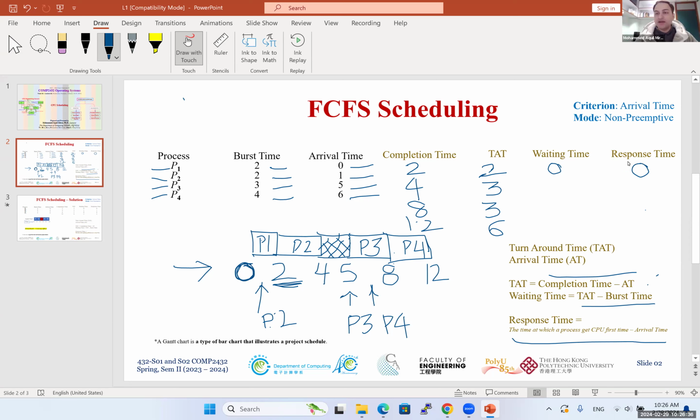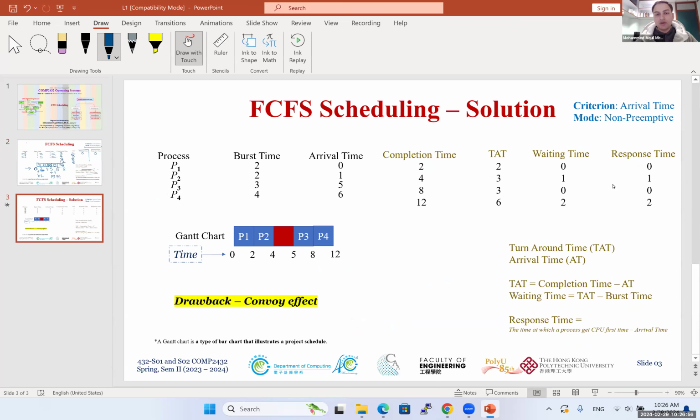If you notice one thing here, the waiting time and the response time for both the columns, the values will come the same because we are operating in the mode of non-preemption. So usually in non-preemption, we will try to have the waiting time and response time the same. So let me take you to the next slide.